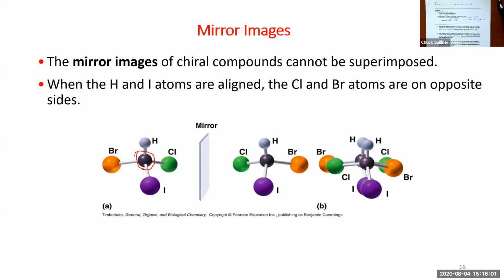So that's a little trick you can play with simple chiral molecules. An odd number of switches makes the enantiomer, the mirror image isomer. An even number of switches returns you to the original molecule. The image on the right just shows how the mirror images are not superimposable.